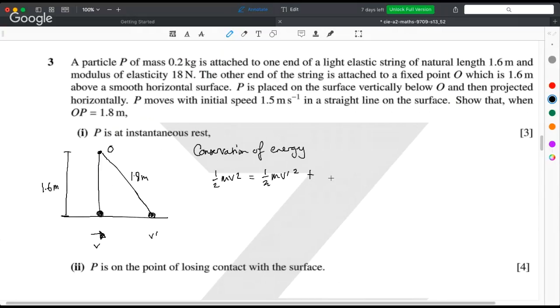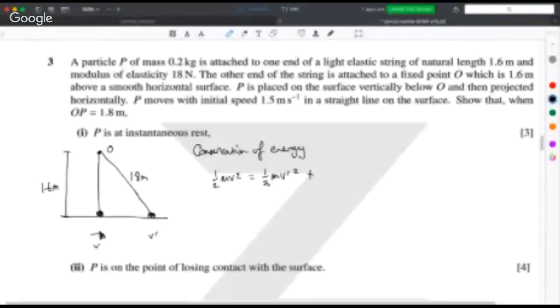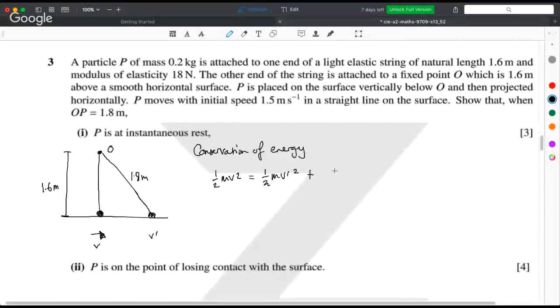plus the elastic energy stored in the string, which is given in the formula booklet as lambda x squared over 2L. And x here is going to be 0.2 because x is the difference between the natural length and the length that it is, not the length that it is. So it's not 1.8, it's 0.2.